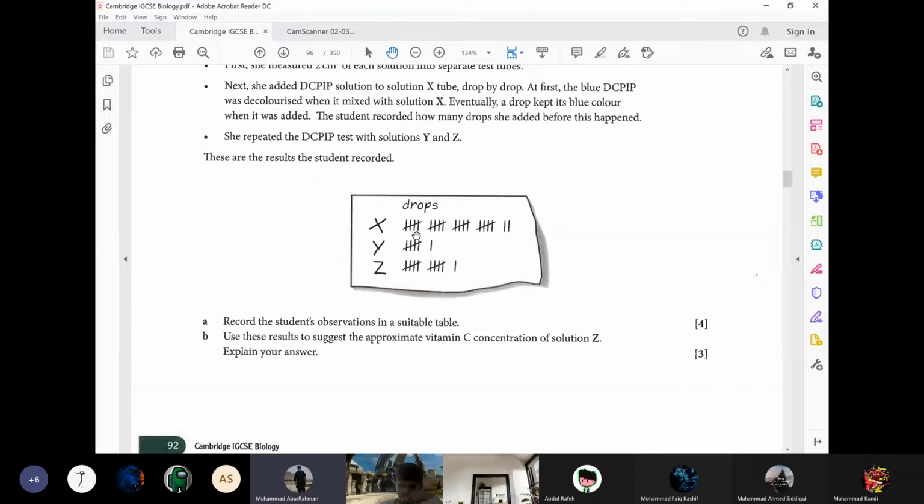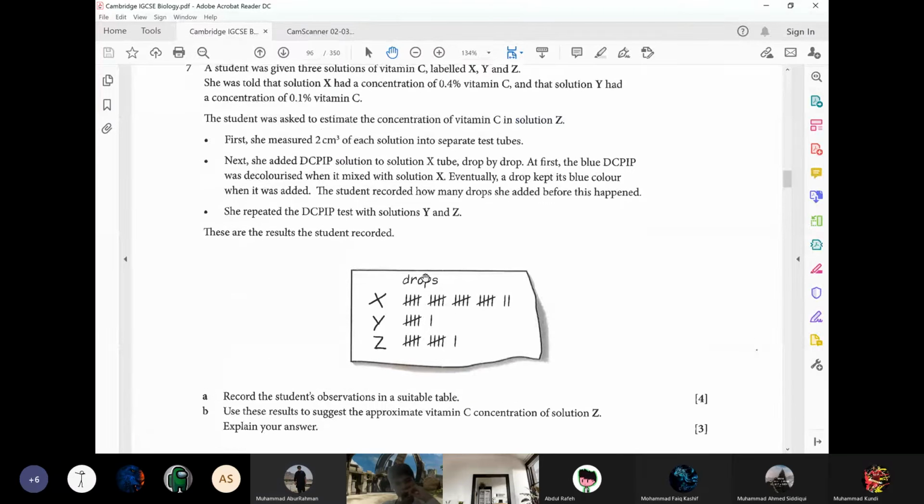Look here. 4 straight lines and the fifth cross line represents 5. Okay. So, sir, for Y, it will be 6. Excellent. And for Z, it will be 11. Okay, sir. Got it? Understood now?